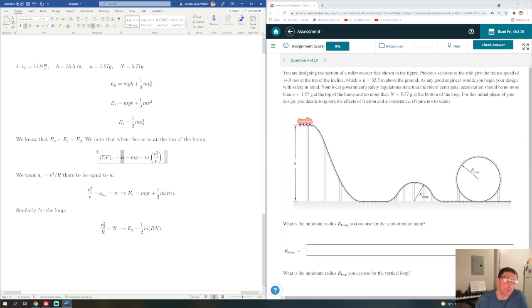Now I didn't really need to do this because I don't have to sum the forces to know that the centripetal acceleration should be v1 squared over r, but it's not a bad idea to do, right? It's good practice, I guess. But we could have skipped this, so don't worry too much about this.